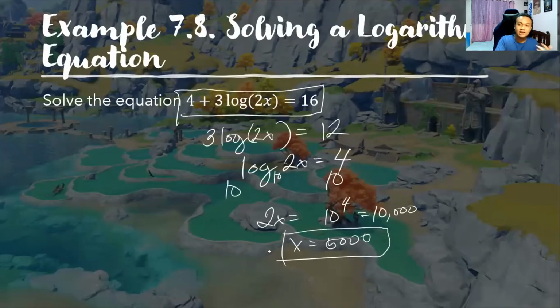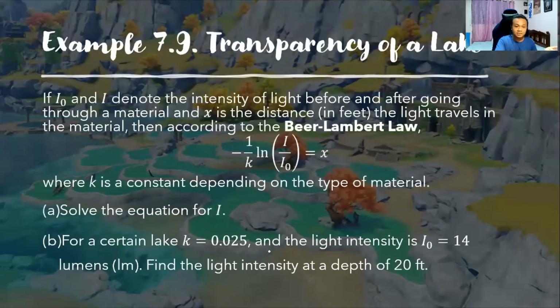Okay? So, we have an application of this. Earlier I showed you a picture of a pool, the transparency of a lake. We have to solve this: let I0 and I denote the intensity of light.